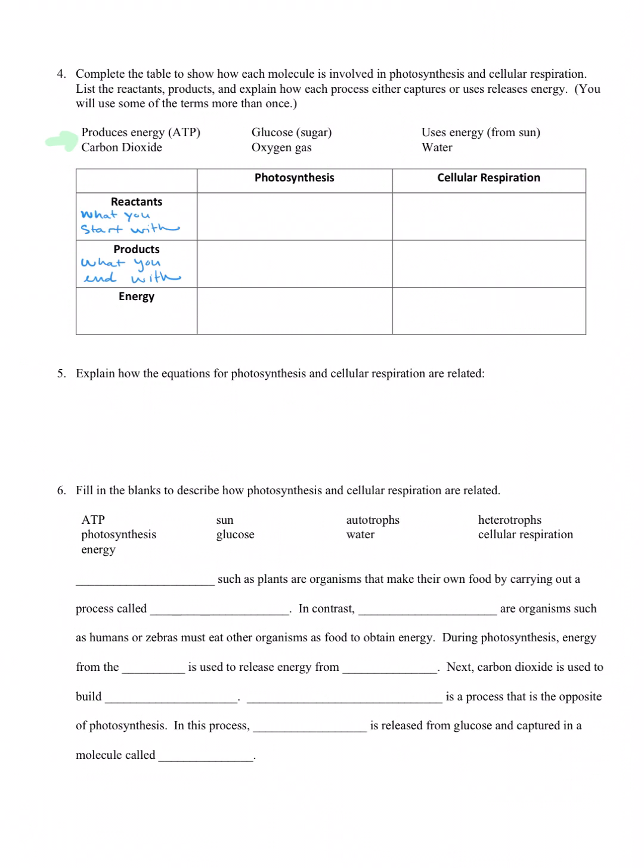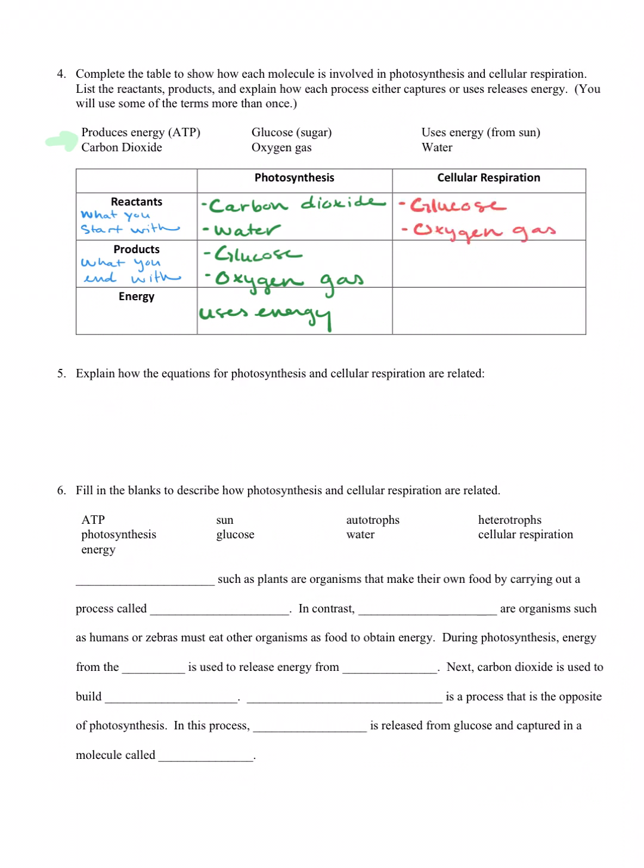So let's go through photosynthesis first. Photosynthesis has reactants that include carbon dioxide and water. Photosynthesis produces glucose and oxygen gas. And energy is captured during photosynthesis, so we would say that photosynthesis uses energy and stores it in glucose. For cellular respiration, the reactants are glucose and oxygen gas.